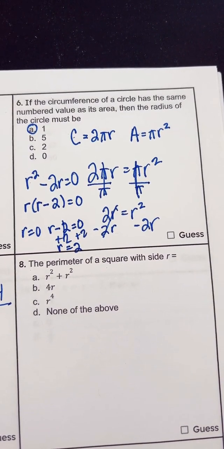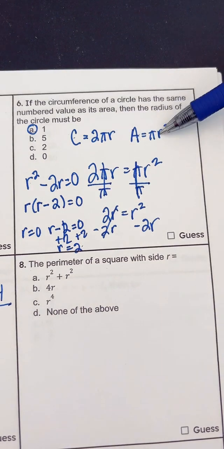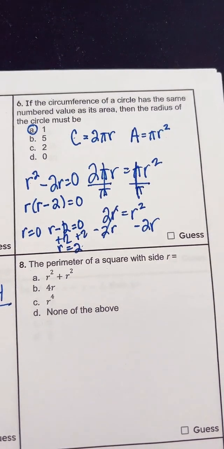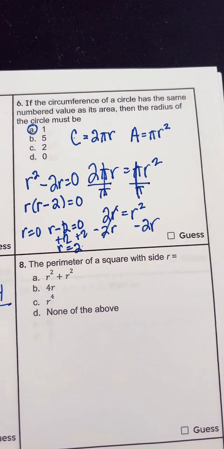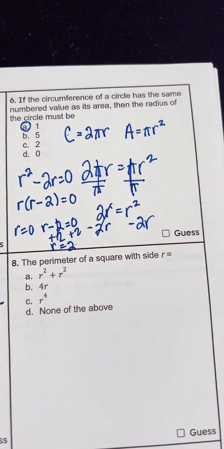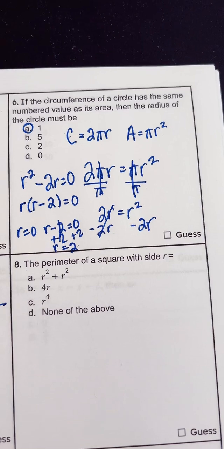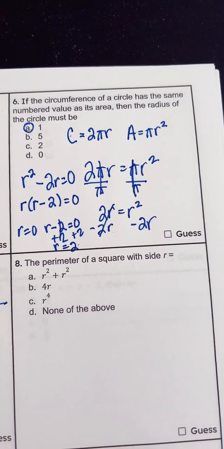D doesn't work? Okay, David, tell me why D doesn't work. Because if I plug in the radius here and here, don't I end up with the same thing? Can't have a circle if there's no radius. Exactly.